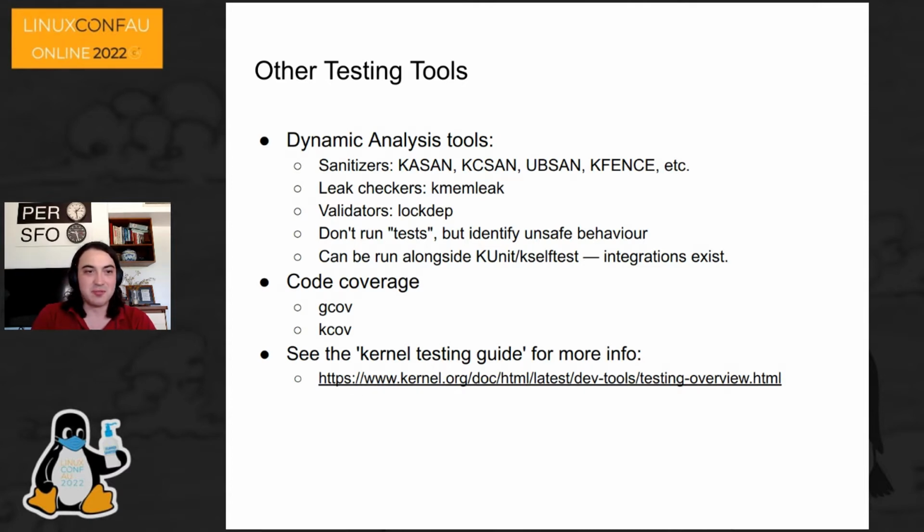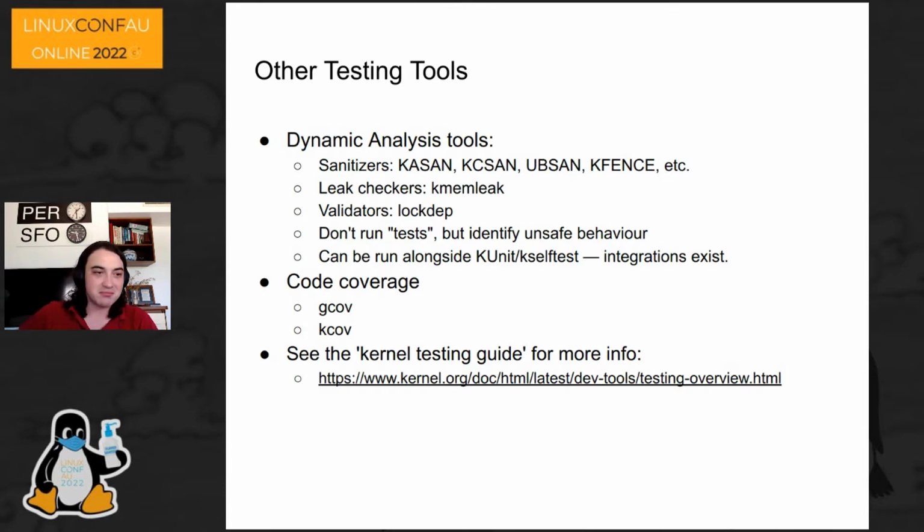So there are a bunch of dynamic analysis tools, address sanitizers, concurrency sanitizers, memory leak checkers, etc. But these are, to some extent, orthogonal to KUnit and kselftest. Instead of testing that a particular bit of code works and gives the correct answer, they're just looking for common classes of failure.